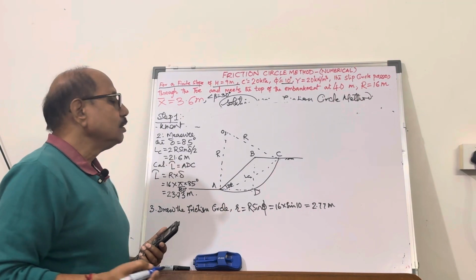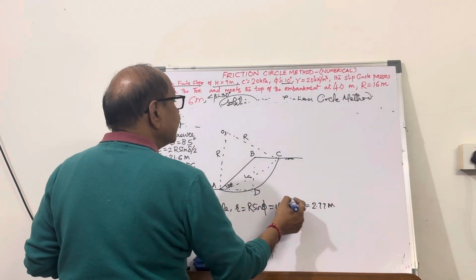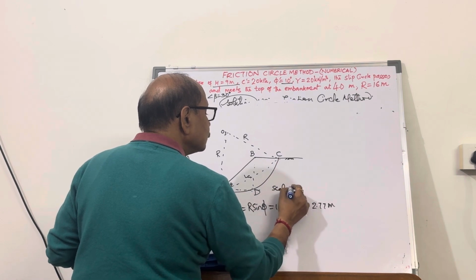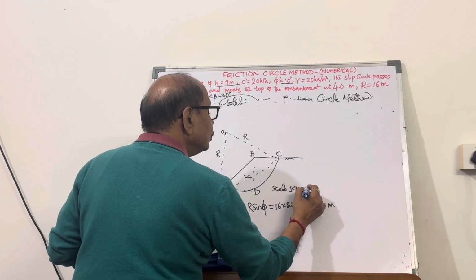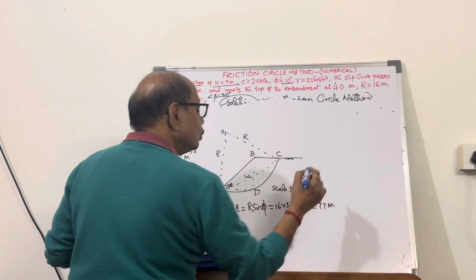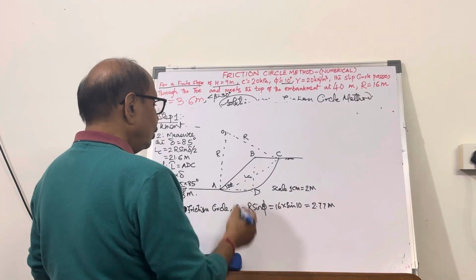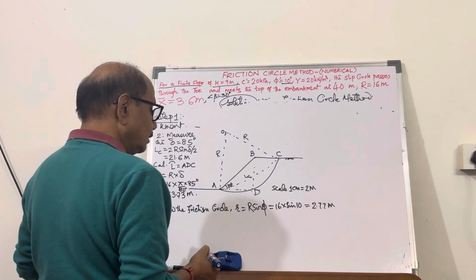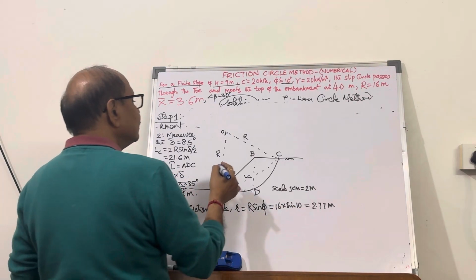Very simple. You can draw the circle by taking a scale. What is the scale here? 1 centimeter equal to 2 meter. So if you divide by 2, you know in centimeter what the radius of the friction circle should be.